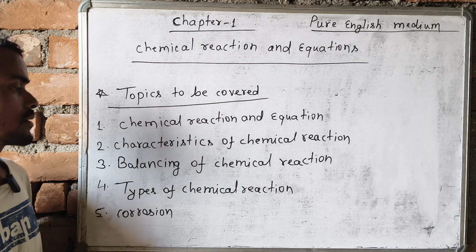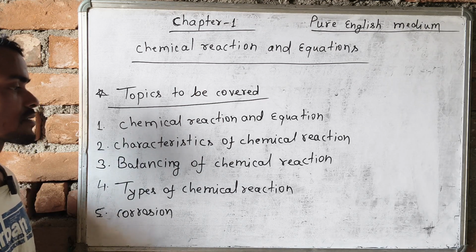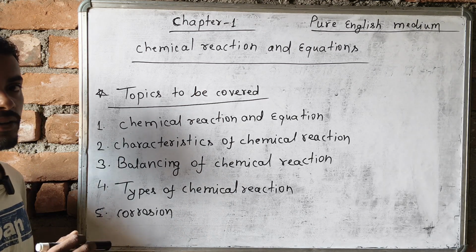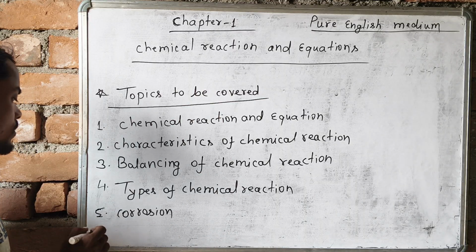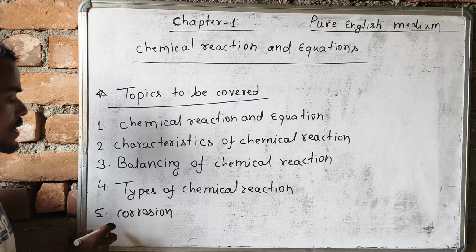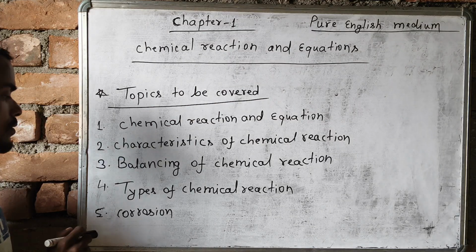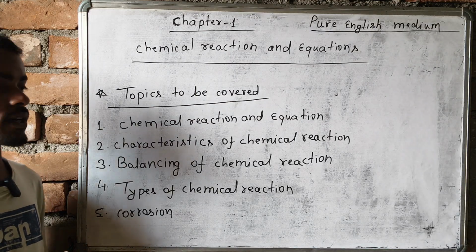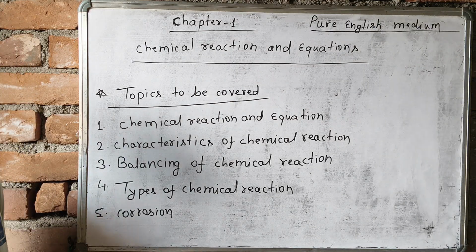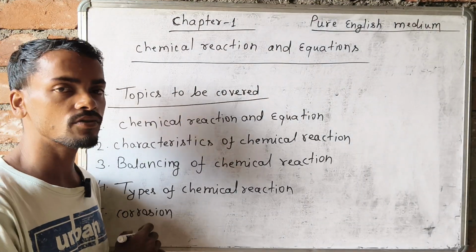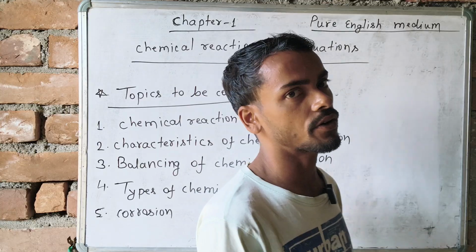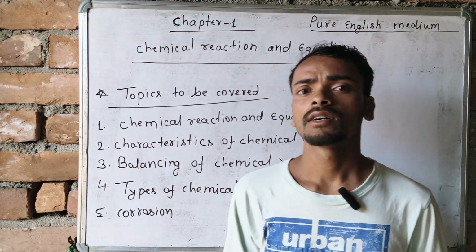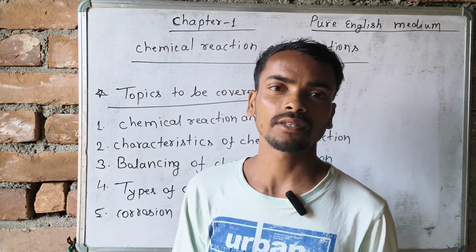How many types of chemical reactions are found in our daily life? The fifth one is called corrosion. Corrosion is the last topic, and I'm going to discuss it in the last part of this chapter.